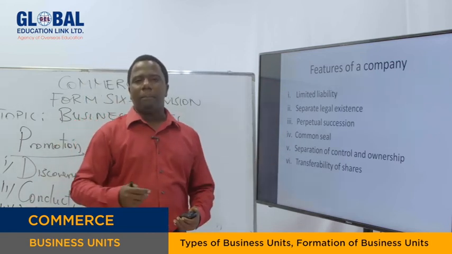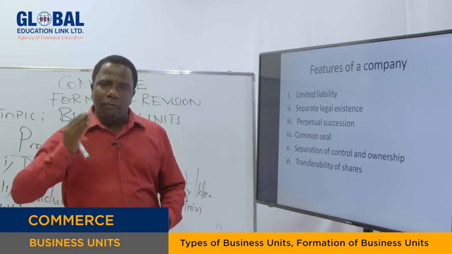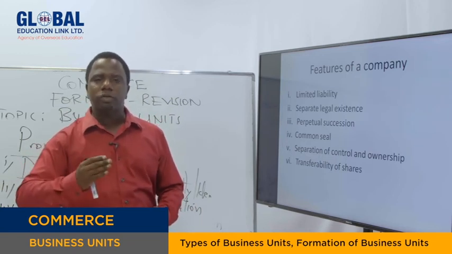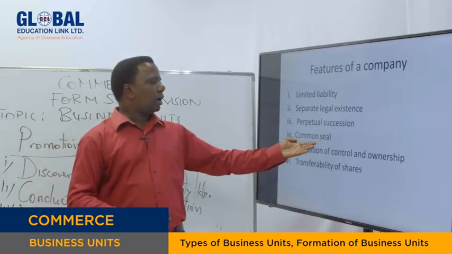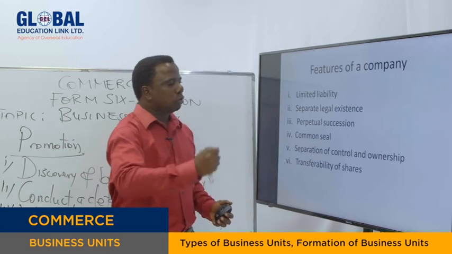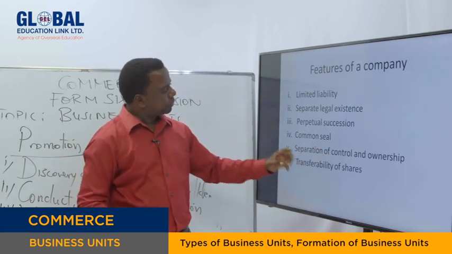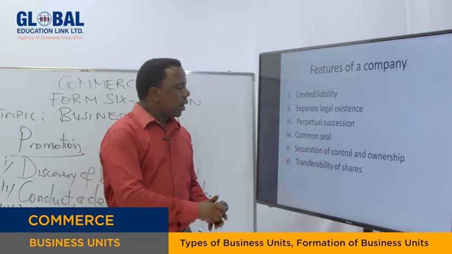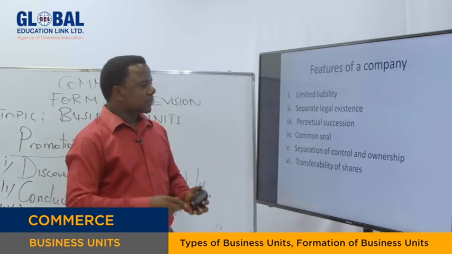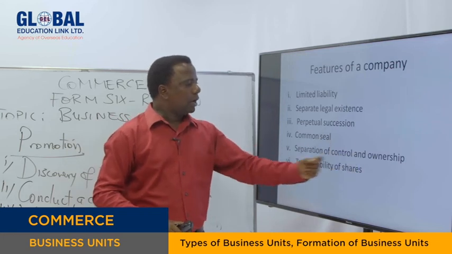Common seal: a company must have an official signature. All documents of the company will be signed, or the common seal will be used to stamp those documents. Separation of control and ownership. This means that members cannot directly have control in a company.